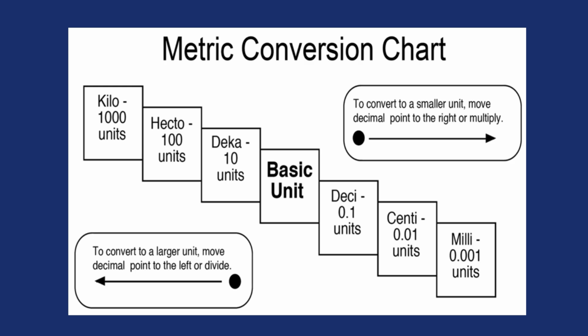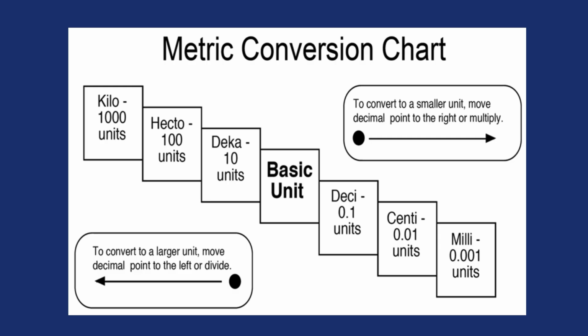So if I am going from kilograms to milligrams, I'm going this way, to the right. If I'm going to convert to a smaller unit, I move the decimal point to the right or I multiply. So this is where I'm going to multiply times 1,000. If I'm going from something teeny tiny like milligrams to kilograms, I'm going to move that decimal point to the left or divide by 1,000.